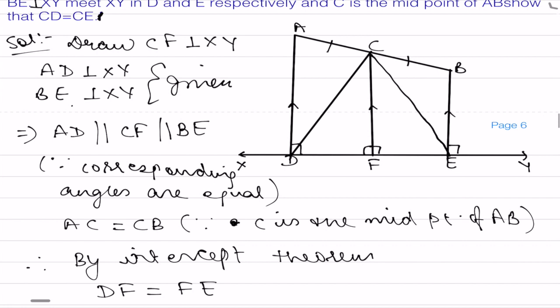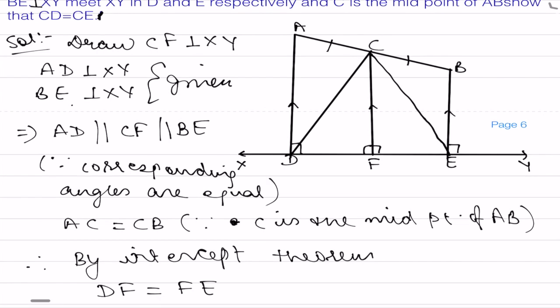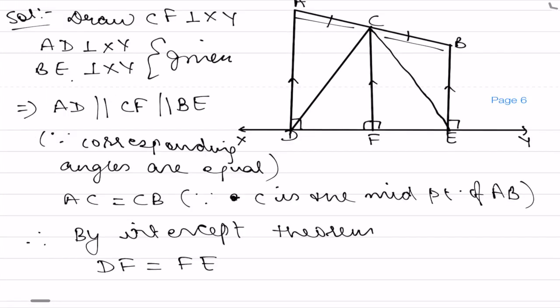As you can see in the figure also, AD is parallel to CF, parallel to BE, and these two are equal intercepts. Therefore, the other transversal cutting the same three parallel lines will also make equal intercepts. So first part, F is the midpoint of DE.